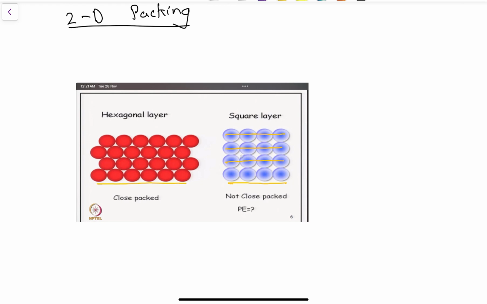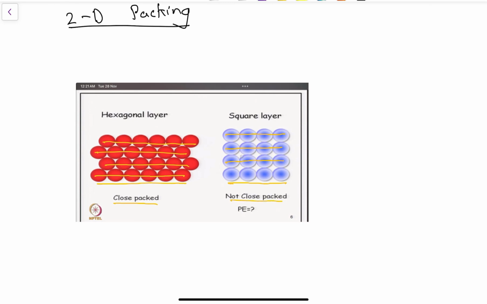But in this case, you can see that this is a hexagonal layer, because one plane of atoms is placed here, and another plane is placed like this, and another plane is placed like this. So this one is much more closely packed than this one.